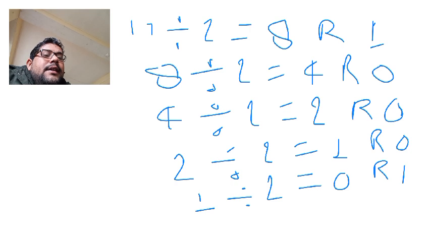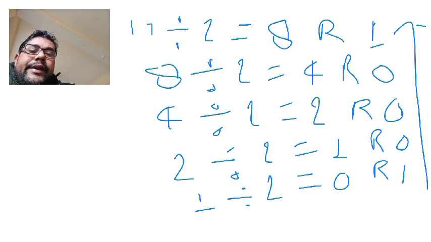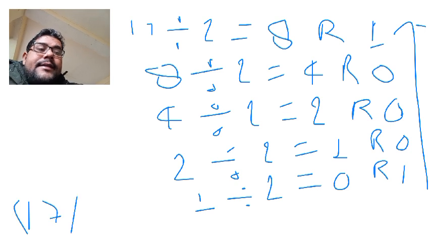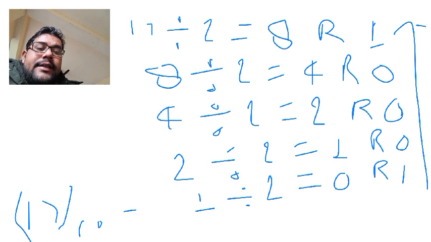So in this order we can write the decimal representation, and the binary equivalent of this decimal number is nothing but this.